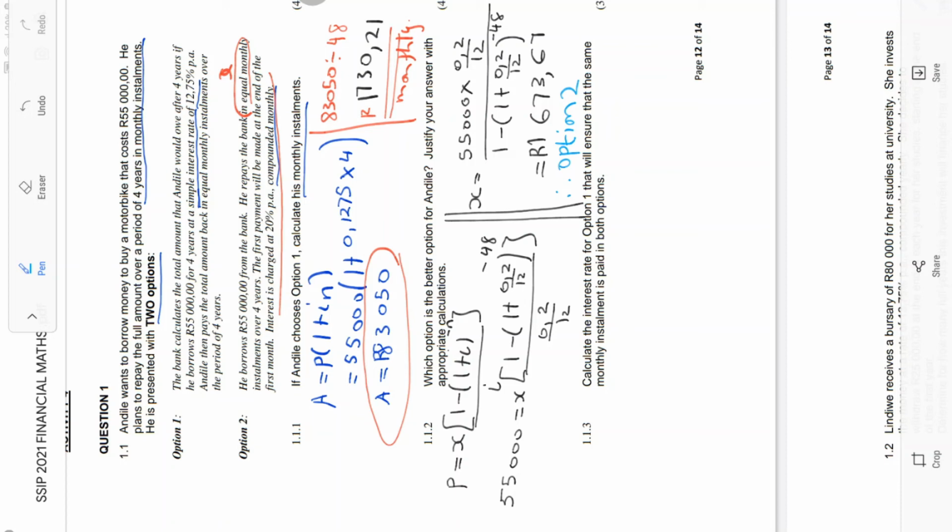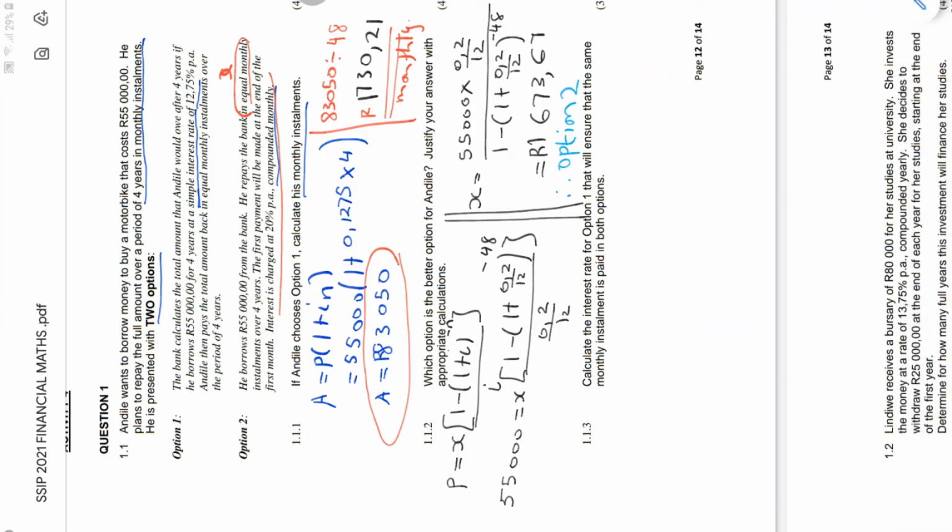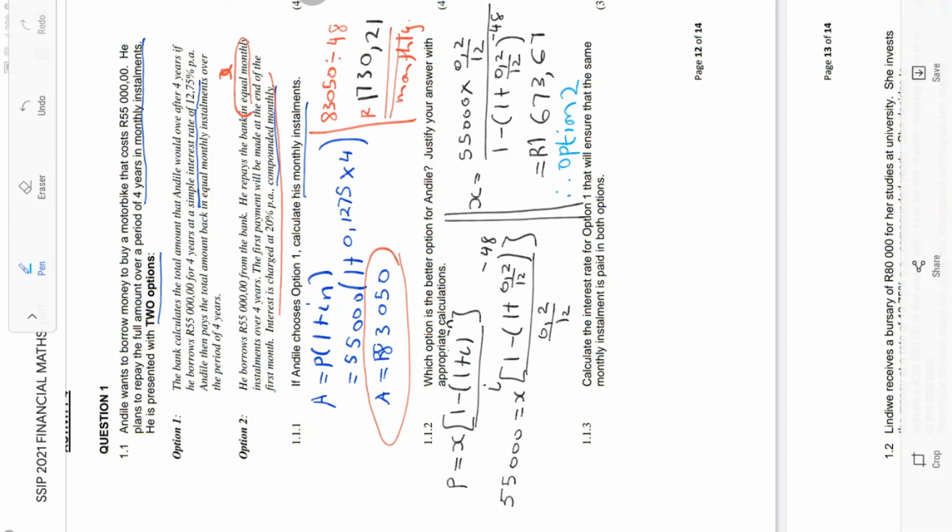1.1.3, calculate the interest rate for option 1 that will ensure that the same monthly installment is paid in both options. So with option 2, we need to calculate how much he actually pays back.